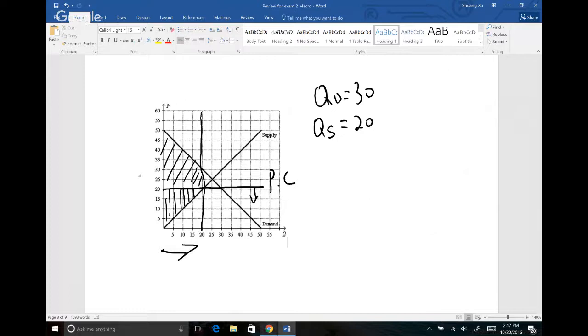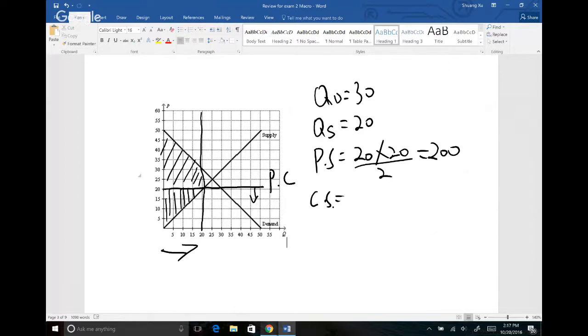So let's find our producer surplus. Base times height, so this will be 20 times 20 divided by 2. That's 200. And then for consumer surplus, now this looks a little different than before. I don't know if you can remember this from middle school or high school.